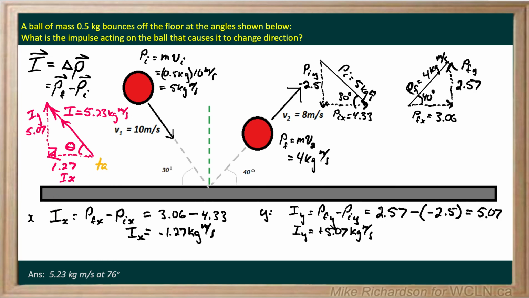I might go tan theta is opposite over adjacent. And when I go inverse tan, I get an angle of 76 degrees. And that would be north of west. So my overall final answer for my impulse, after I do Pythagoras, is 5.23 kilogram meters per second at 76 degrees north of west.